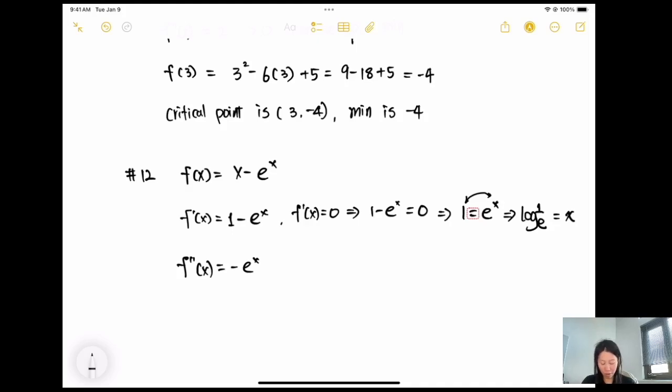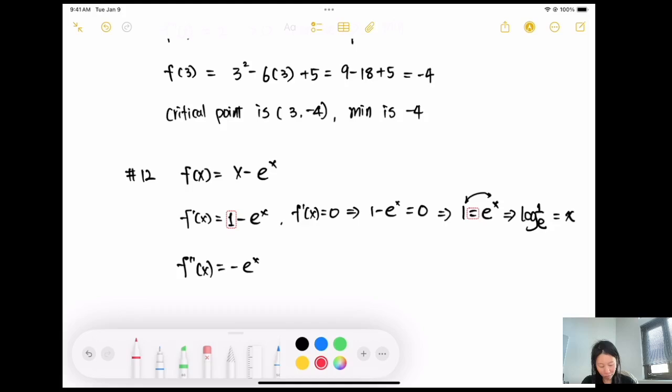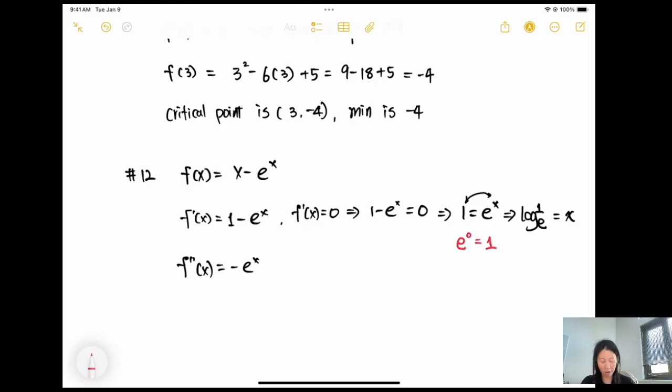Or you can think about it in another way. e to some number equals 1, that means the exponent has to be equal to 0, because we know that a to the 0 equals 1, 10 to the 0 power also equals 1, 11 to the 0 power also equals 1, 984 to the 0 power also equals 1.